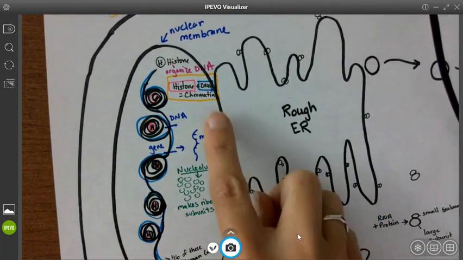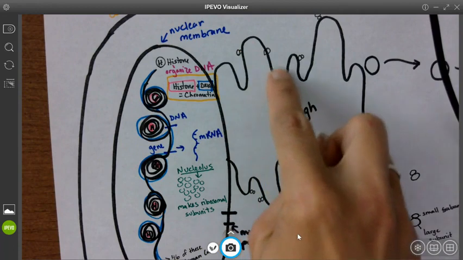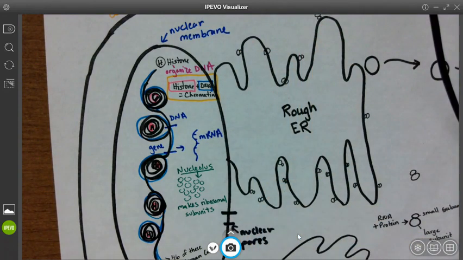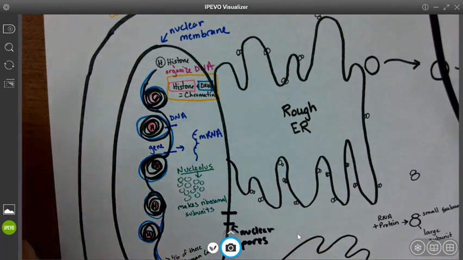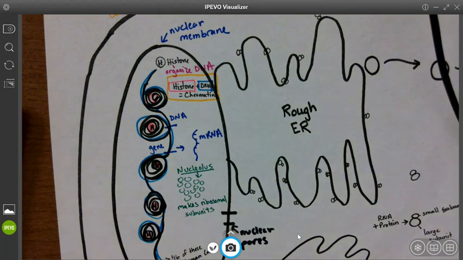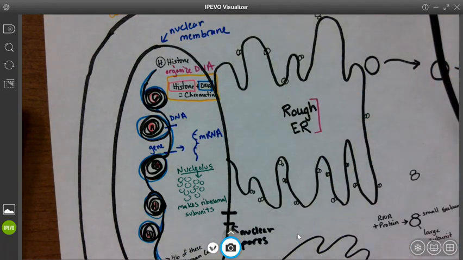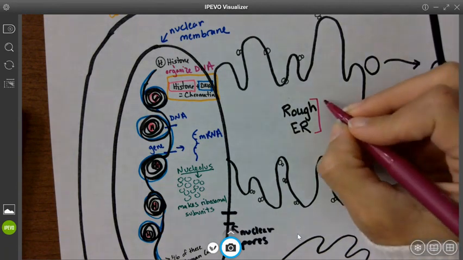The rough ER, again, is a series of biomembranes made up of phospholipids and embedded proteins, and the rough ER is where proteins can be made. It helps proteins fold. It's also involved in modifying proteins, adding carbohydrate groups or cutting proteins. So the rough ER does a couple things.